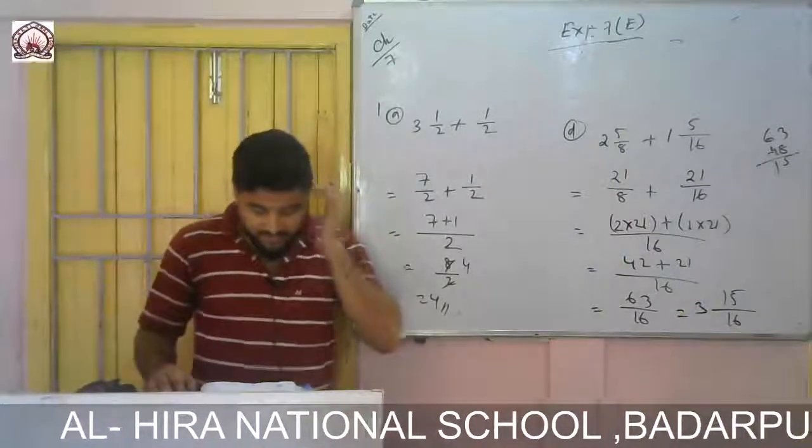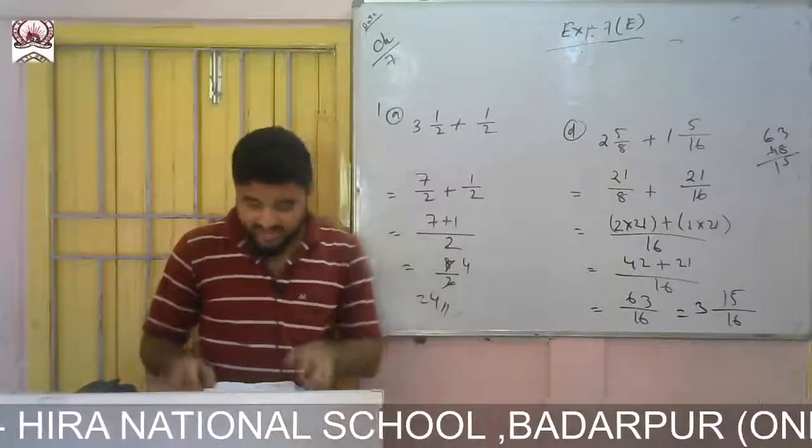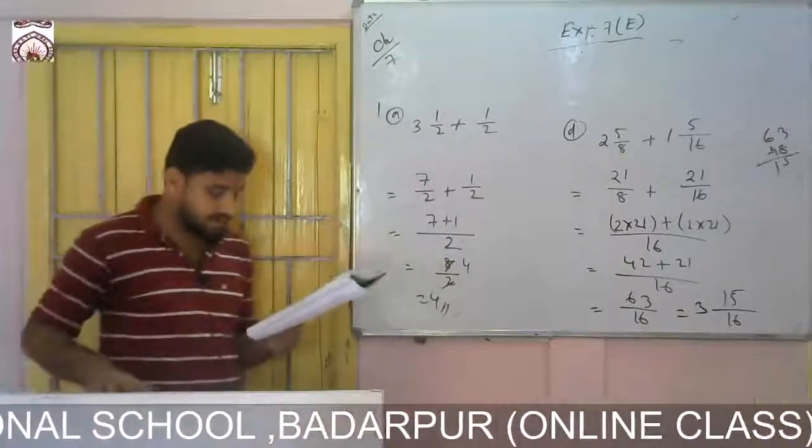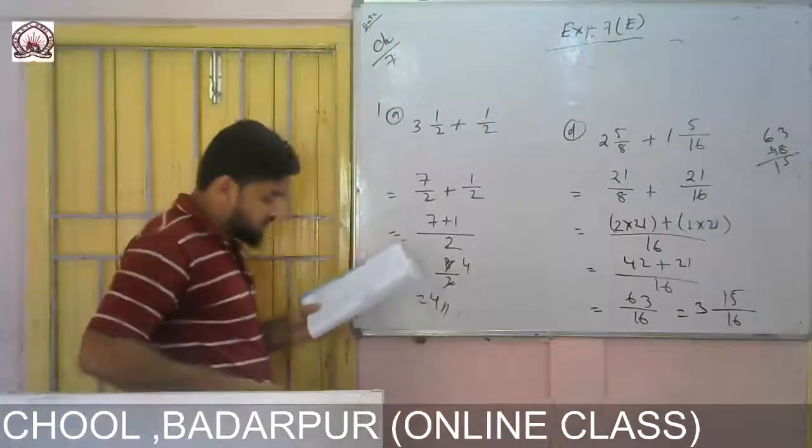5 by 12 plus 5 7 by 16. Okay, let me do question number 2, parts A and C. These are long.